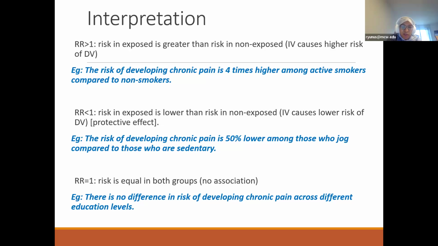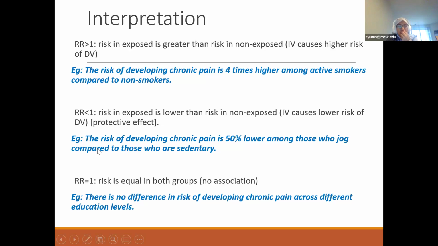That means it doesn't matter what education level you have. The risk of developing chronic pain is the same, whether you have gone to school, whether you graduate from high school, whether you have a PhD or master's, it doesn't make any difference.